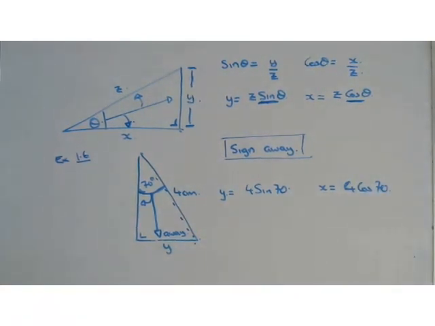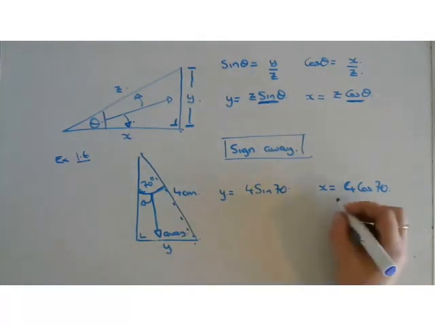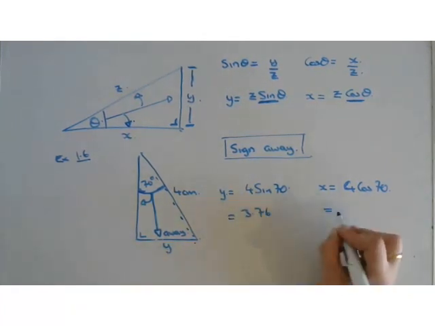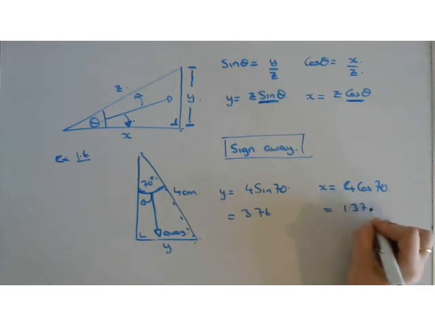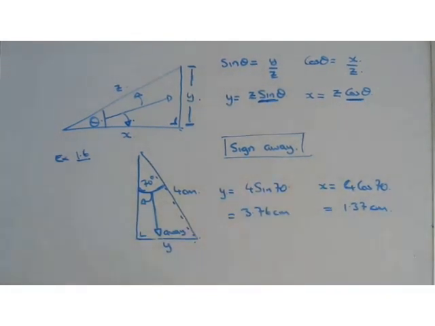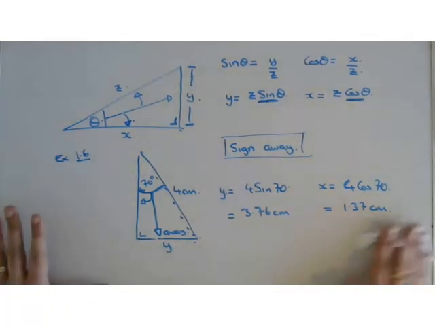Okay, and just pop those into the calculator, and you get the sine one is 3.76, and the beside one is 1.37. Right. So sine away. That's how I always think about it. Sine away, cos beside.